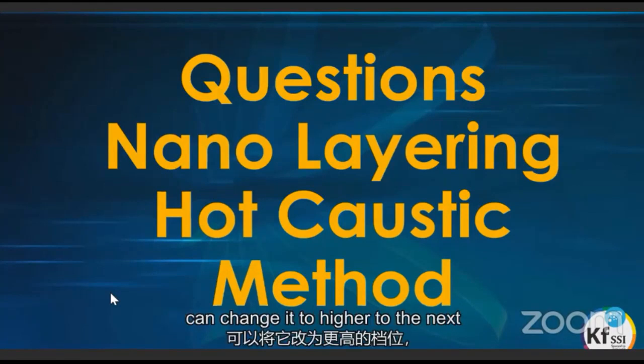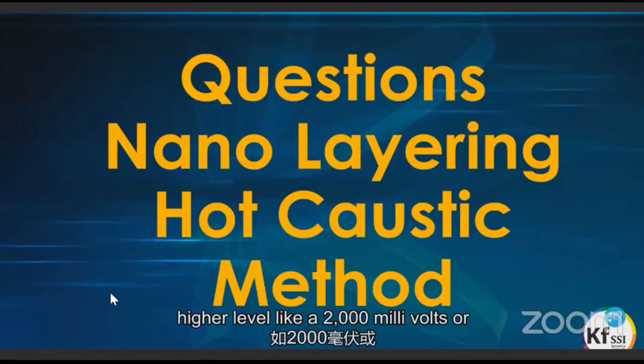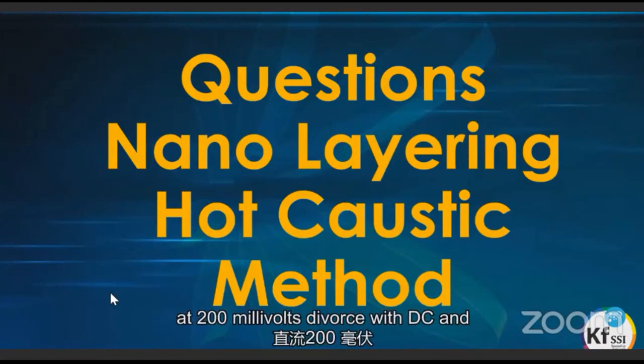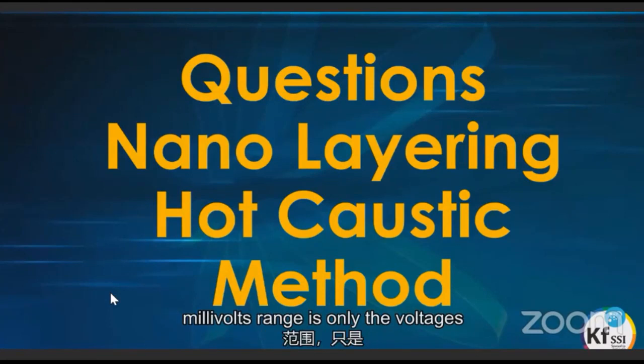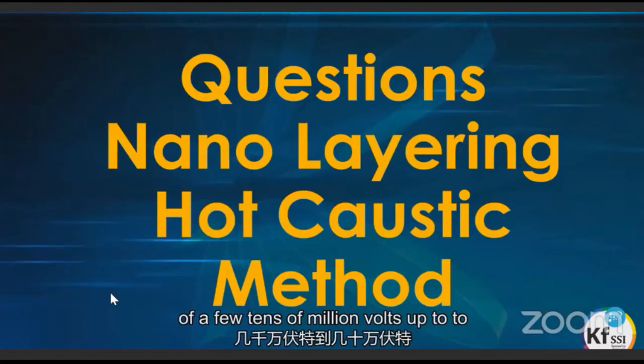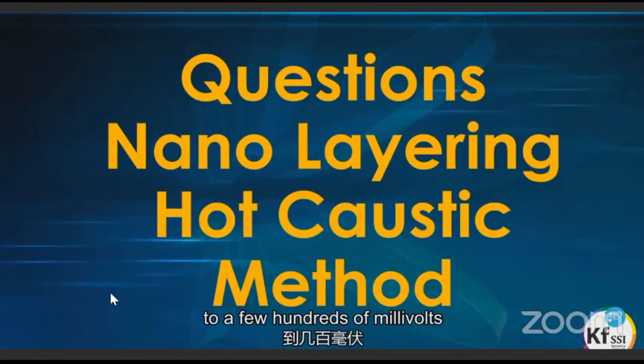In that case, you can change it to the next higher level, like 2000 millivolts or 2 volts. So I put my meter on a DC reading at 200 millivolts. DC and millivolts range. Usually the voltages which appear during this process can be a few tenths of millivolts up to a few hundreds of millivolts. Sometimes it goes over 200 millivolts.